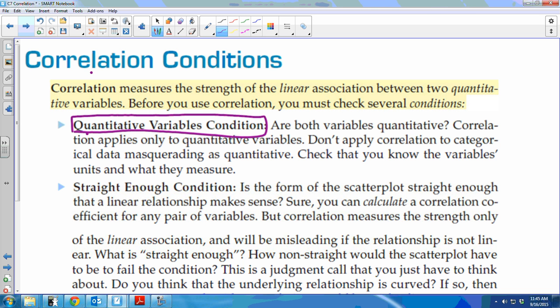For example, if they say, criticize the statement, the correlation between favorite color and height is 0.72. Well, there's no way there's a correlation between favorite color and height, since favorite color is not a quantitative variable. So you have to guarantee that you have quantitative variables if you're going to use the correlation coefficient.